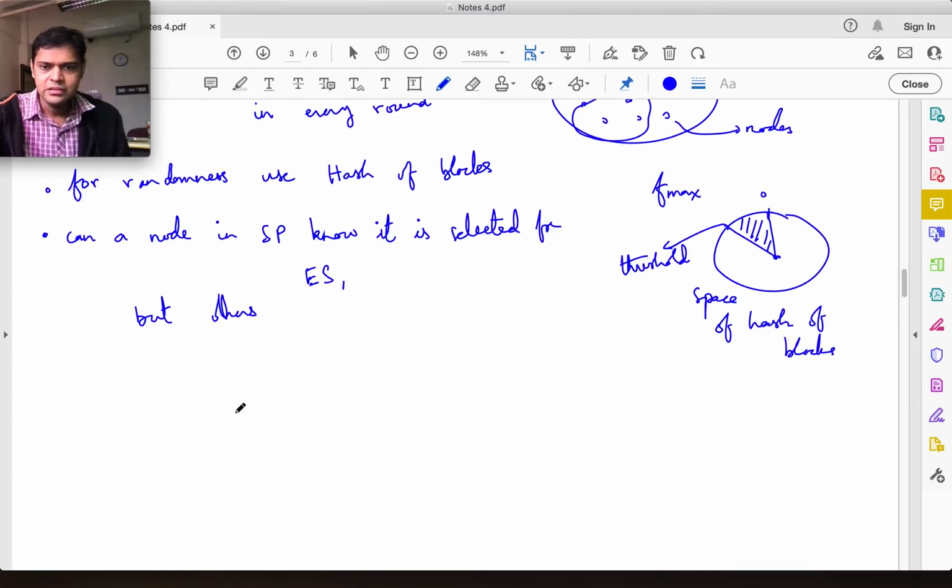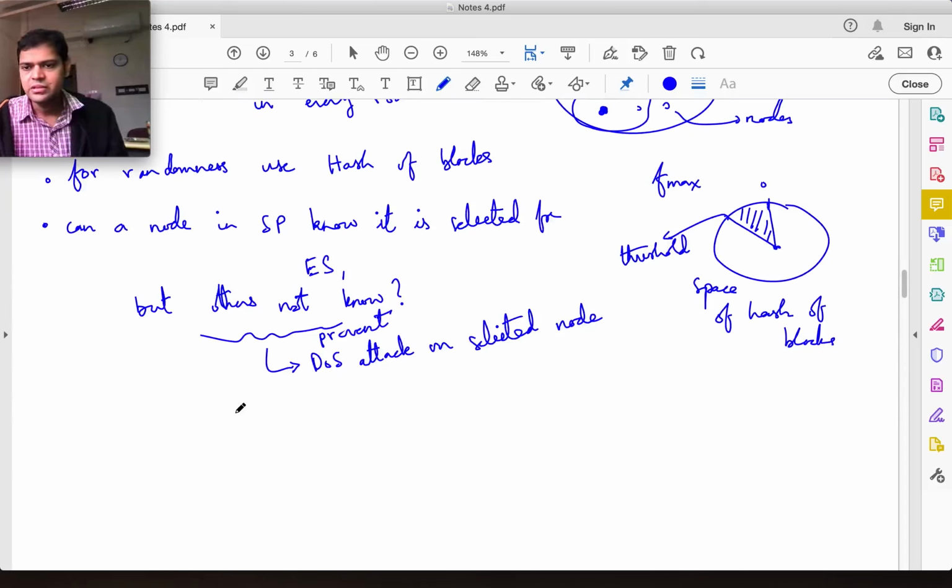Lucky for us, the Algorand folks had thought of this in their solution, and we'll briefly describe what we can do. We are going to take some of the concepts which they had presented.